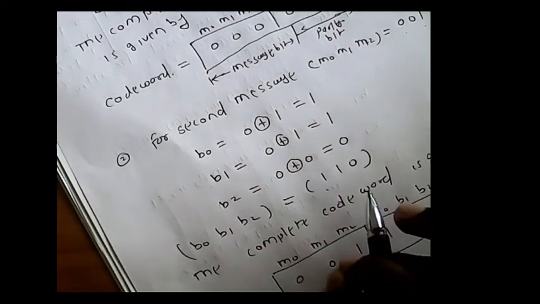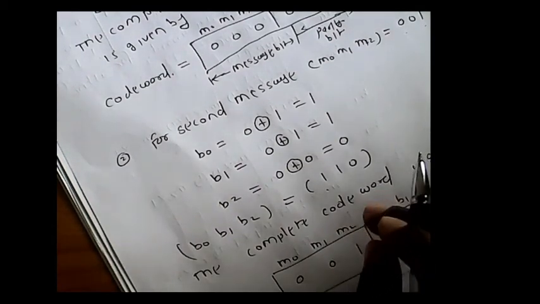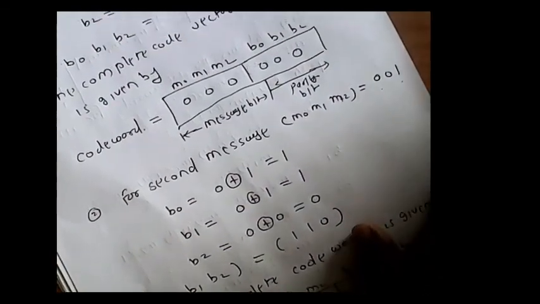So we can repeat these same steps for the remaining message vectors, and tabulate them. So we can draw a tabular format of all possible code vectors.